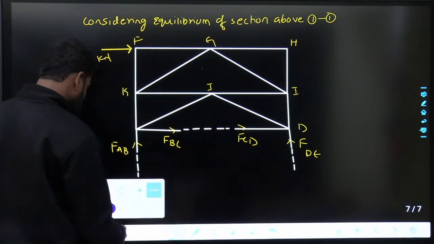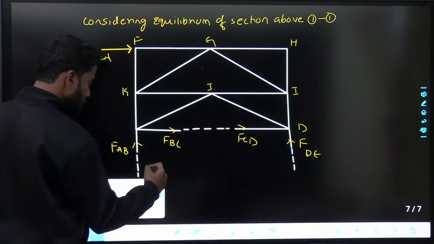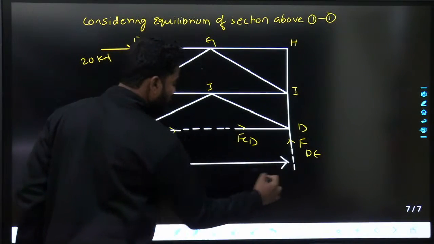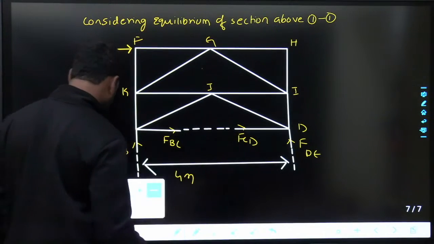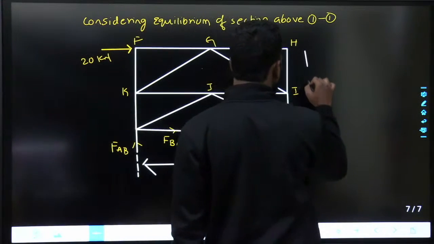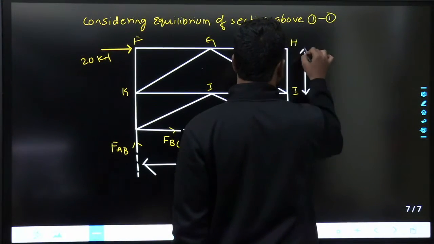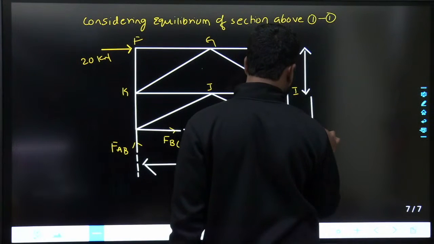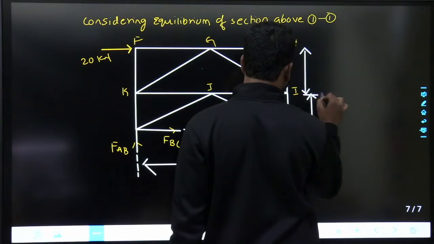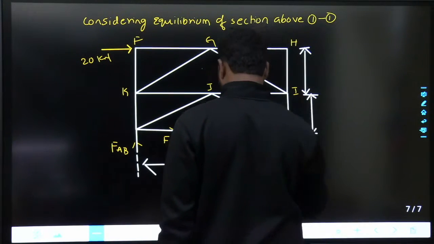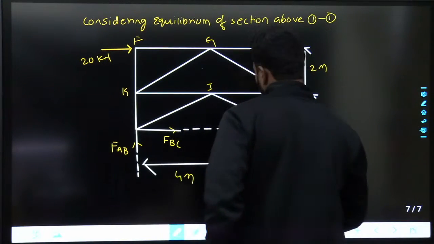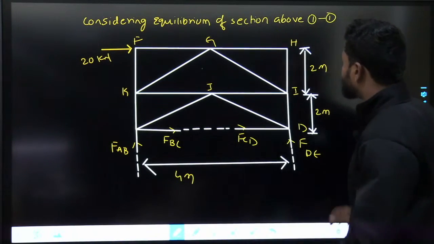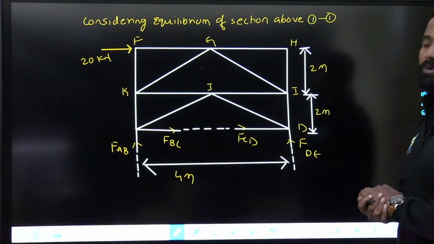And this whole distance is 4 meters. And this is 2 meters, this is also 2 meters, and this one is also 2 meters. So this is how the above section of 1-1 looks like.